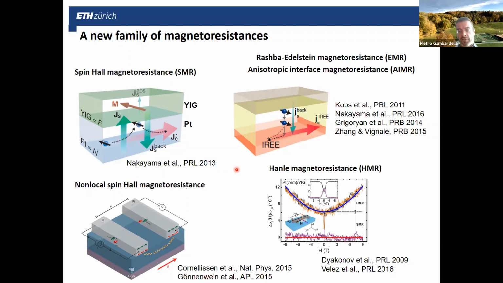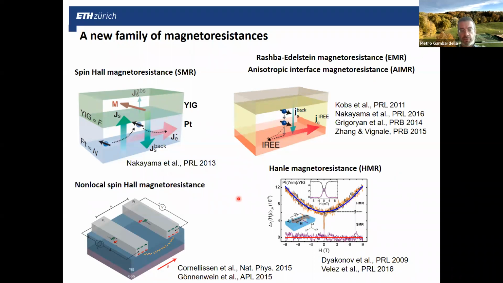And these are due essentially to this charge spin conversion that occurs in this family of systems, in particular this heavy metal ferromagnet or ferrimagnetic bilayers. Okay. And this includes spin-Hall magnetoresistance, Rashba-Edelstein magnetoresistance, non-local spin-Hall magnetoresistance, Hanle magnetoresistance, etc.